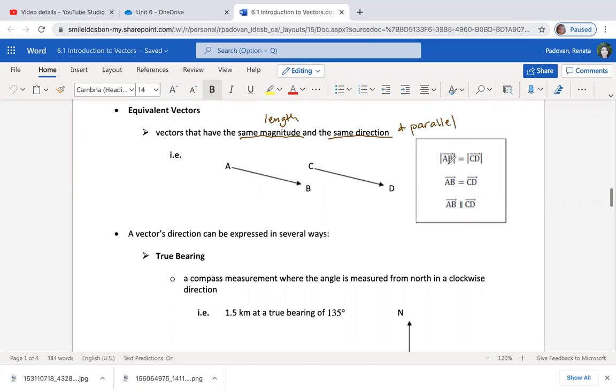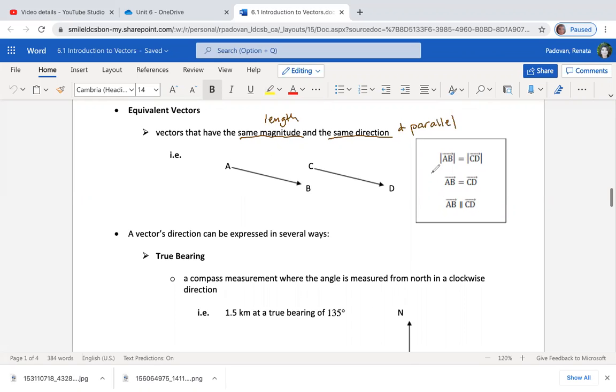So again, the magnitude of vector AB, starting with the tail, A to B, is equal to the magnitude of vector CD. So all that's saying is that they're equal to each other, magnitude to magnitude, length to length. This length is equal to this length. That's what that is saying.